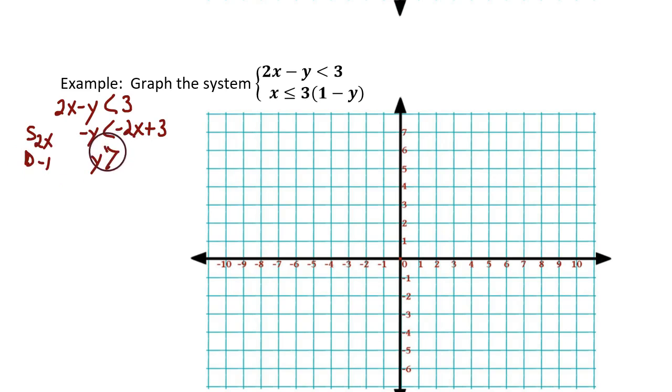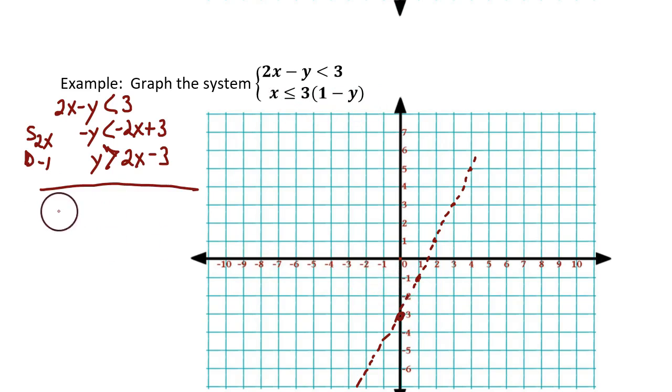Remember to reverse the arrow when you divide by negative. This is the same inequality we just did. So it crosses the y-axis at -3 and has a slope of 2. Let's find several dots to improve accuracy. Remember that the shading is above that line.